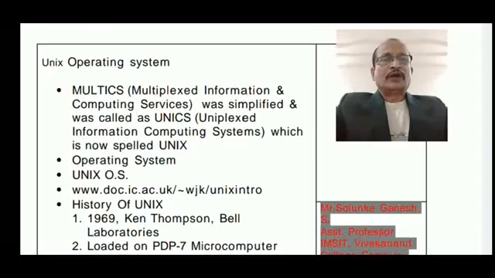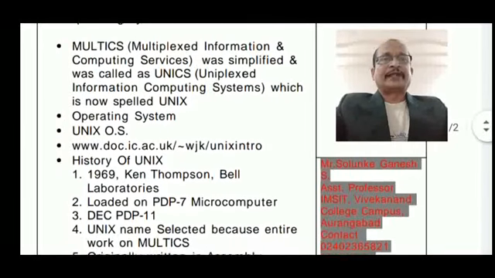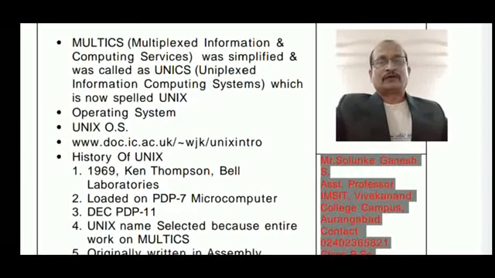Now, we are going to see the history of Unix operating system. Before starting the history, the theoretical part notes according to your syllabus, that is unit number 1, all that theoretical notes are available on a website.